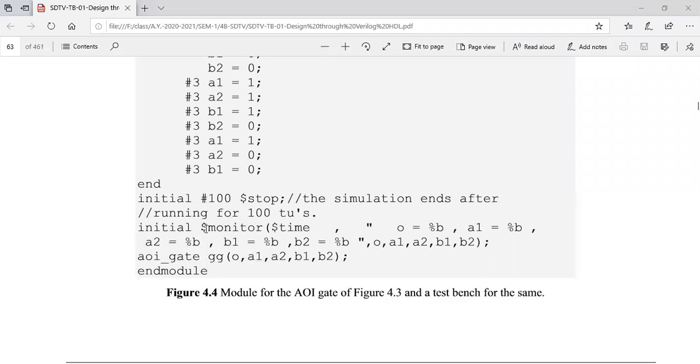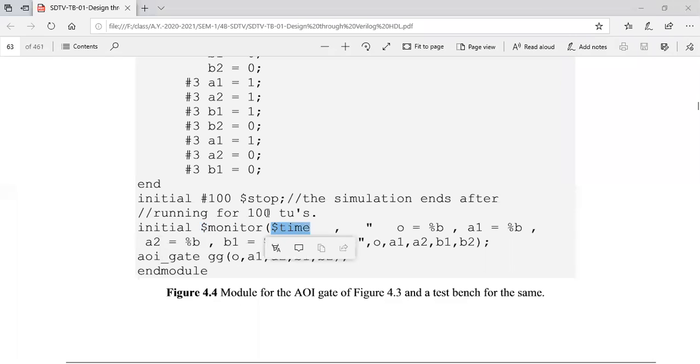If I use the dollar symbol, I am giving an instruction to the simulator, or compiler, to monitor, that means to observe the time.